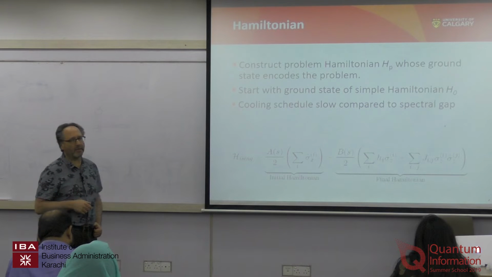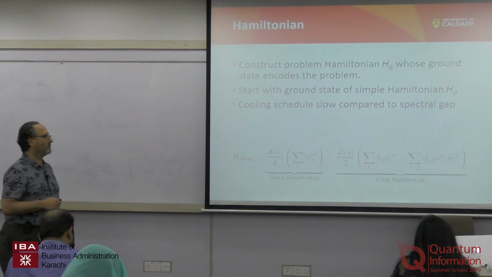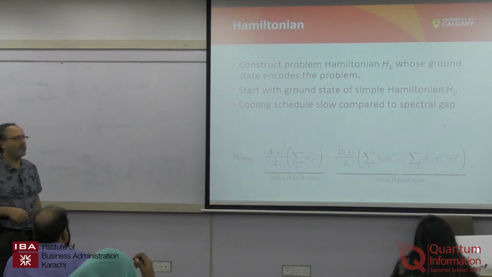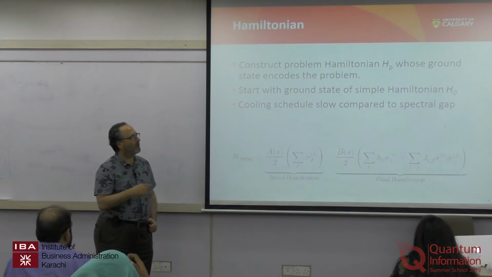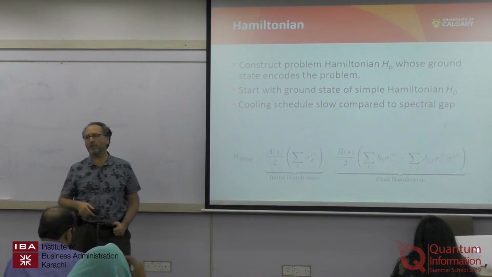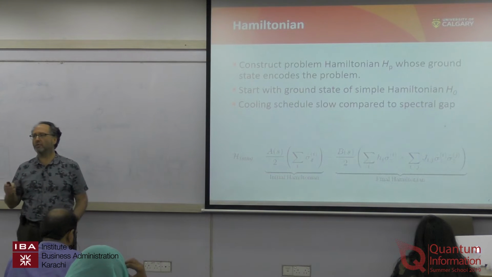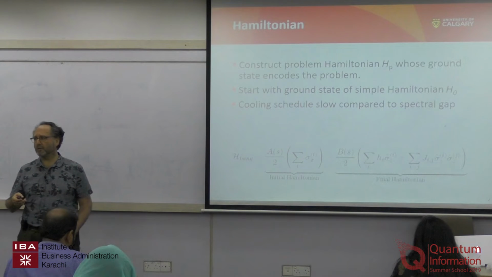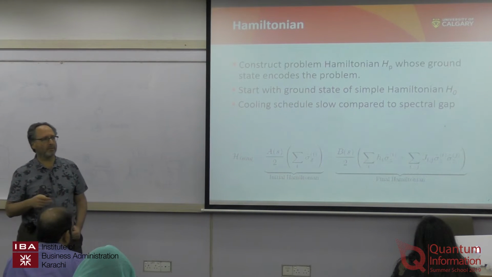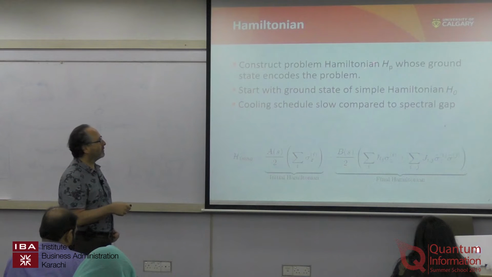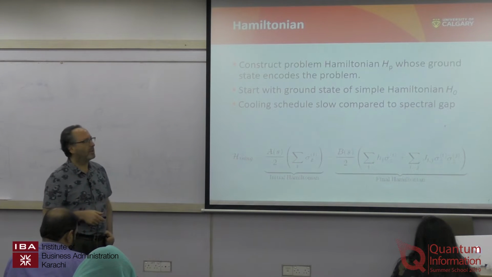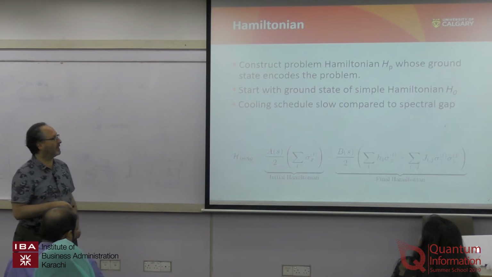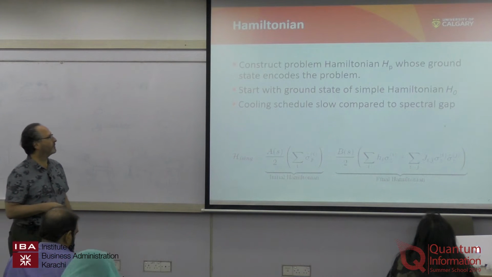So let me explain what the strategy is, and I'll use the board to explain some of it. The idea is to construct a Hamiltonian that encodes the problem. And I'll explain in a few minutes about satisfiability problems, so how a problem is encoded. But at the moment, don't worry about that. There's some Hamiltonian whose ground state, lowest energy state, is the solution to the problem.